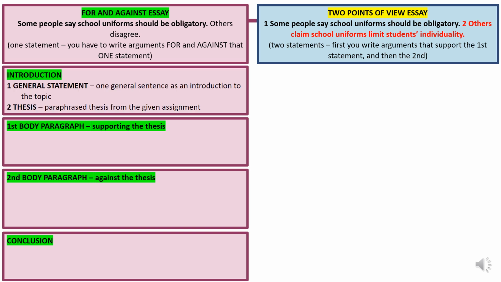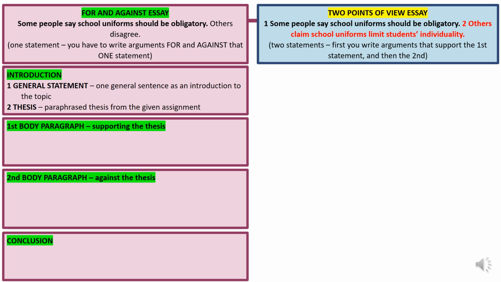The first needs to be general statement. What is general statement? It's one general sentence that serves as an introduction to the topic. So one sentence in which you are going to combine school, students, uniforms. This is an introduction to the topic, to the thesis that is given to you.